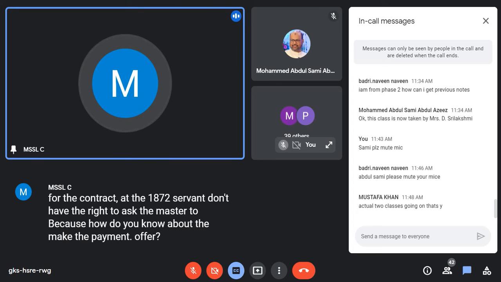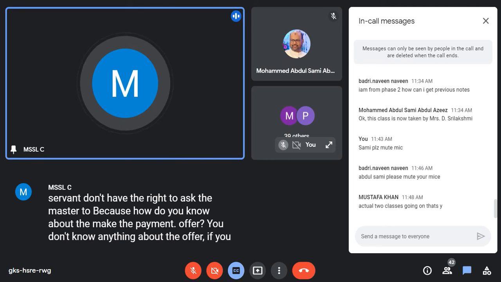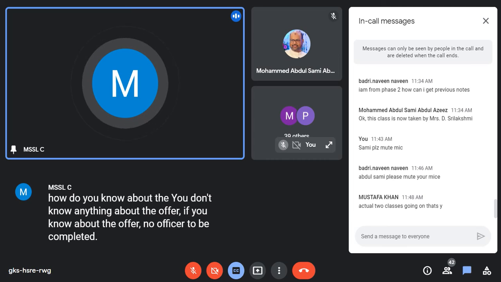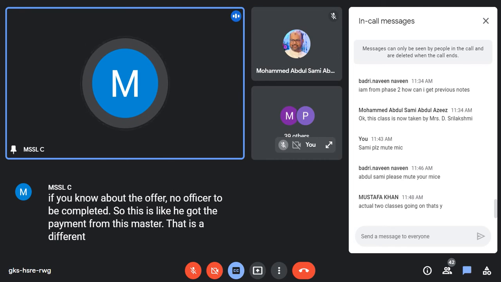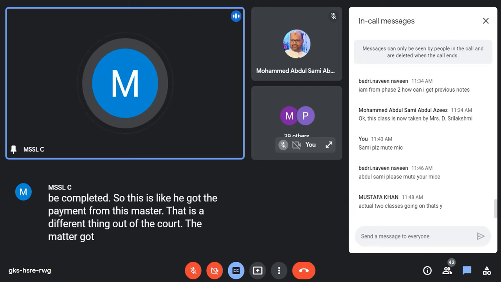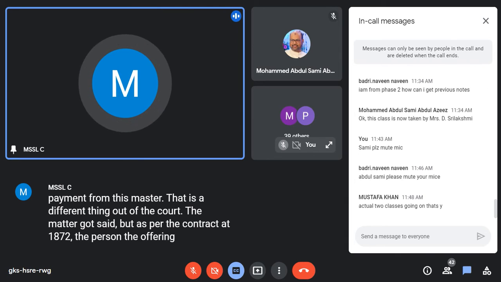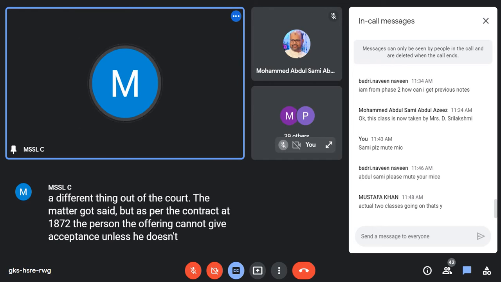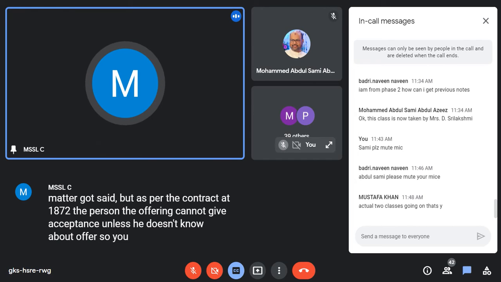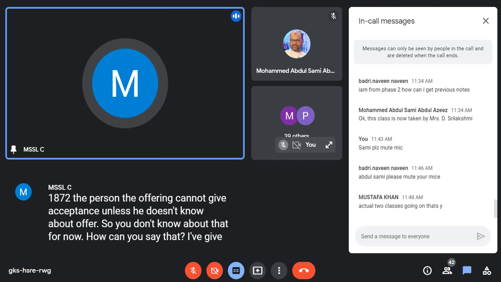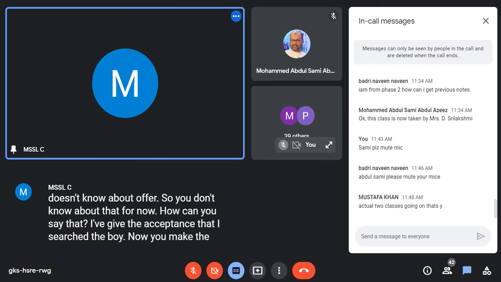You don't know anything about it. Only if you know about the offer is it said to be completed. If he got the payment from the master, that is a different thing; out of court, the matter got settled. But as per the Contract Act 1872, the offeree cannot give acceptance unless he knows about the offer. So how can you say, I have given the acceptance, I searched for the boy, now make the payment?